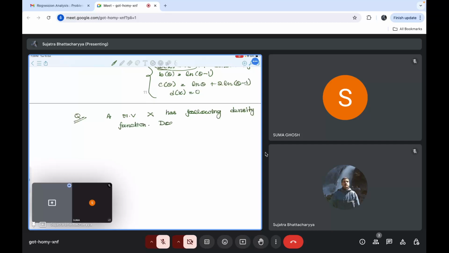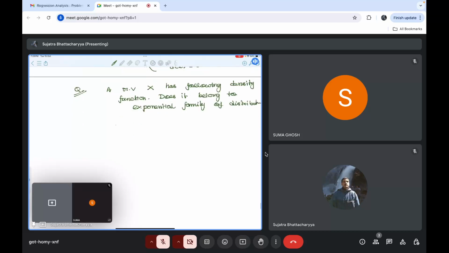Does it belong to the exponential family of distributions?